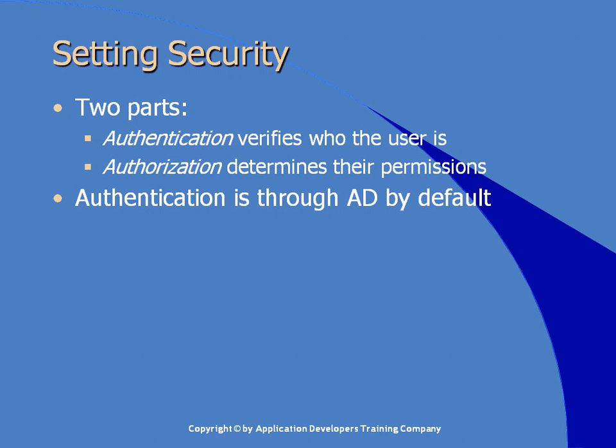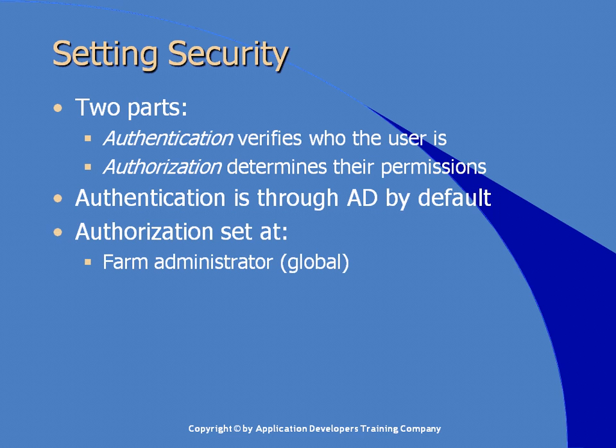So users log on to SharePoint using the same username and password that they use to log on to the network. Authorization is then handled through the SharePoint settings. Via farm administration, those are global permissions. Do keep in mind that farm administrators do not have site collection permissions by default. However, they do have the permissions to manage the farm.